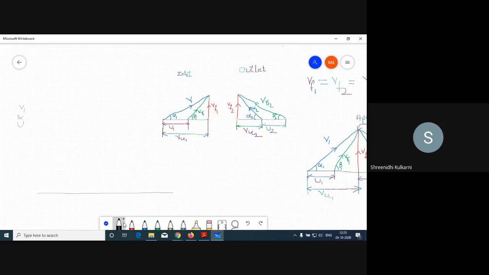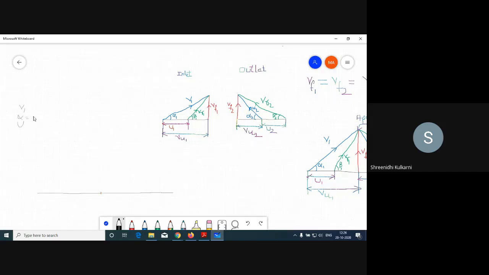So I'm going to start from this point, the reference point. Just now I told you about alpha.